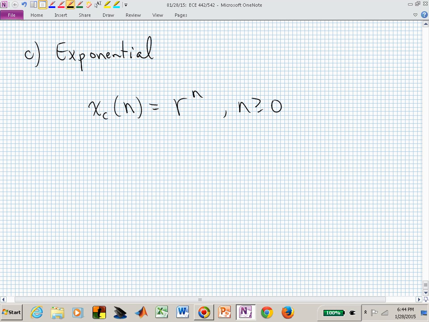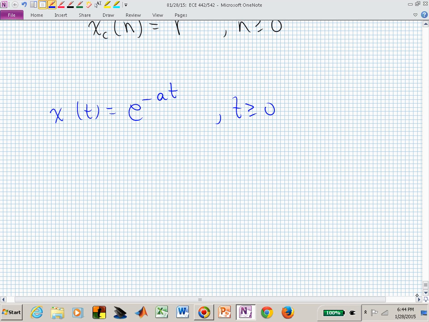Well, how does that relate to what you already know? How does that compare with this x of t equal to e to the minus a t, an exponential in continuous time? If we wanted discrete time, what are we doing? Well, we're sampling little t. We're dicing it up.